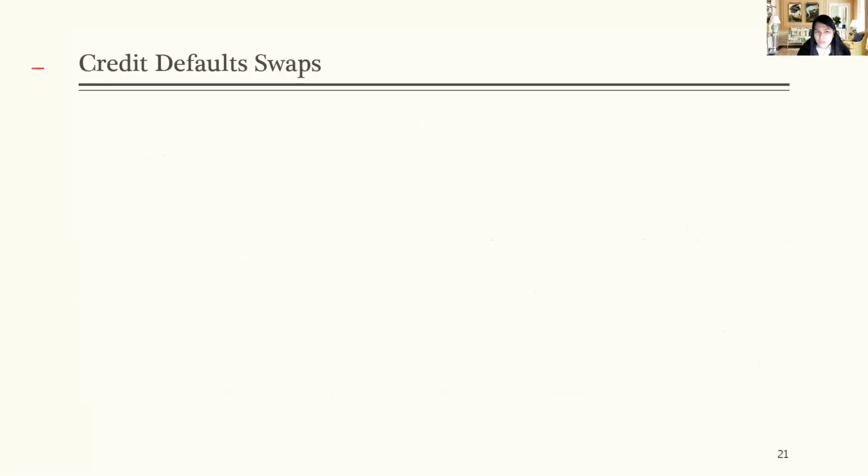So for investors, let's say if I buy a AAA mortgage-backed security, this is deemed to be the safest security in the mortgage pool. In contrast, if I buy a BBB mortgage-backed security, this is still an investment grade security, but it is not as safe as the AAA, okay?